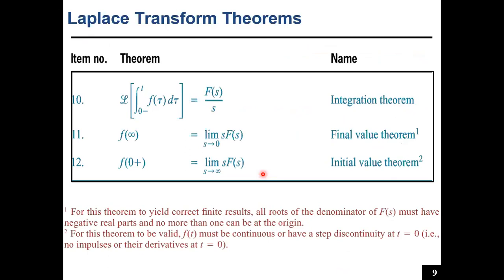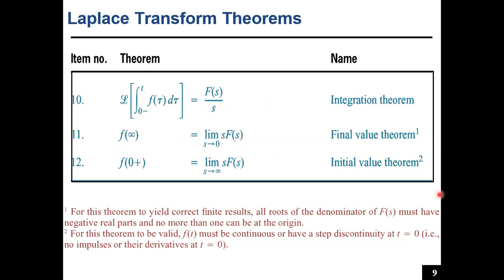Laplace transform theorems that will be used in calculating the steady state error are three. First is the integration theorem. The integral will be replaced with 1/s. Final value theorem: at time approaching infinity, f(t) will be equal to the limit as s approaches 0 of s F(s).